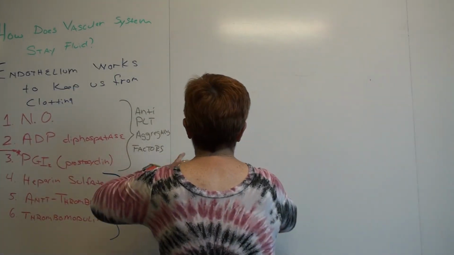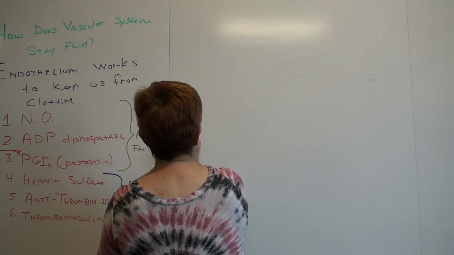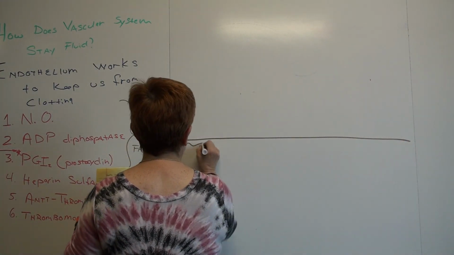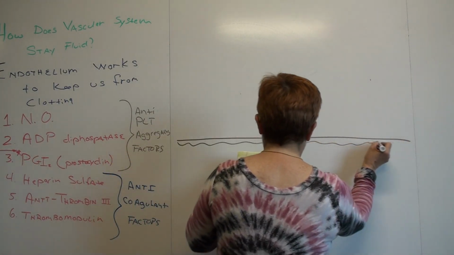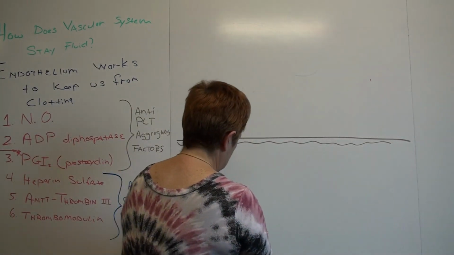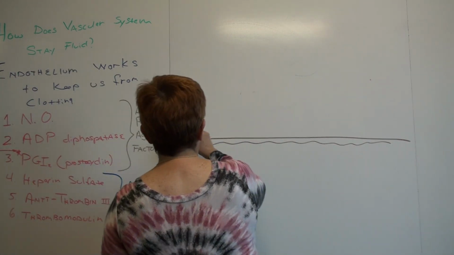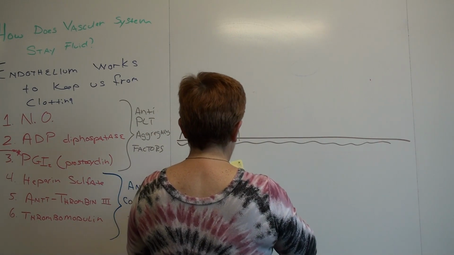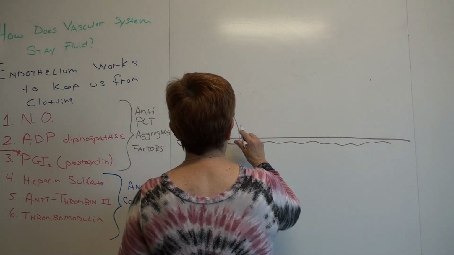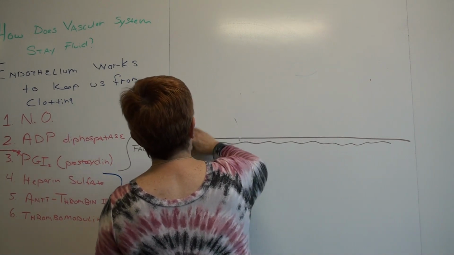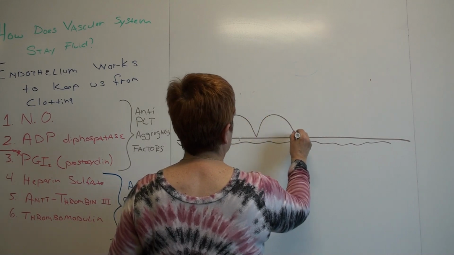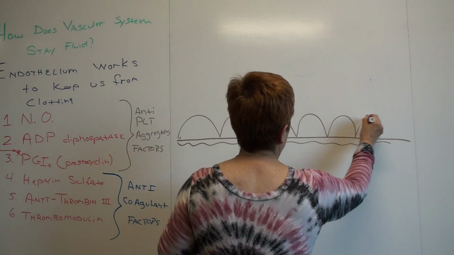I'm going to start again with my basement membrane. You've got to have my basement membrane, collagen, von Willebrand's, all that kind of stuff. And then I've got my cells. 1, 2, 3, 4, 5, 6, 7. Ooh, I made that too big. 1, 2, 3, 4, 5, 6, 7.